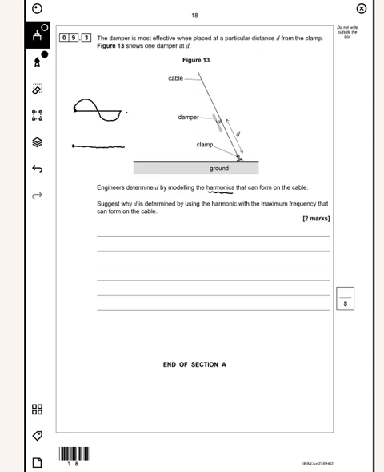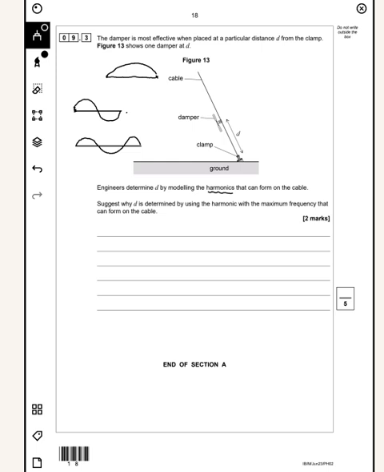Now if I make another straight line like this, the third harmonic would be this kind of shape. Let me just make the first harmonic again. What we need to do in this case is place a damper at a distance d from the clamp.